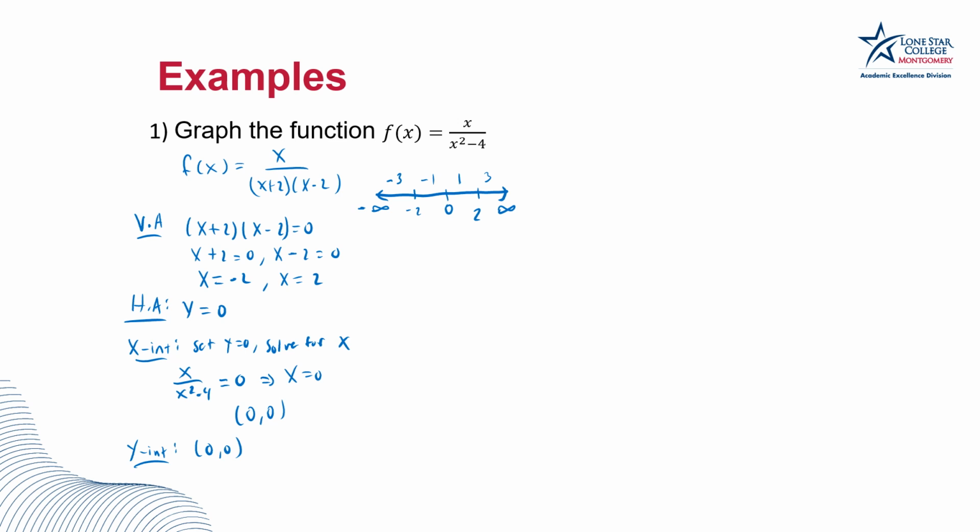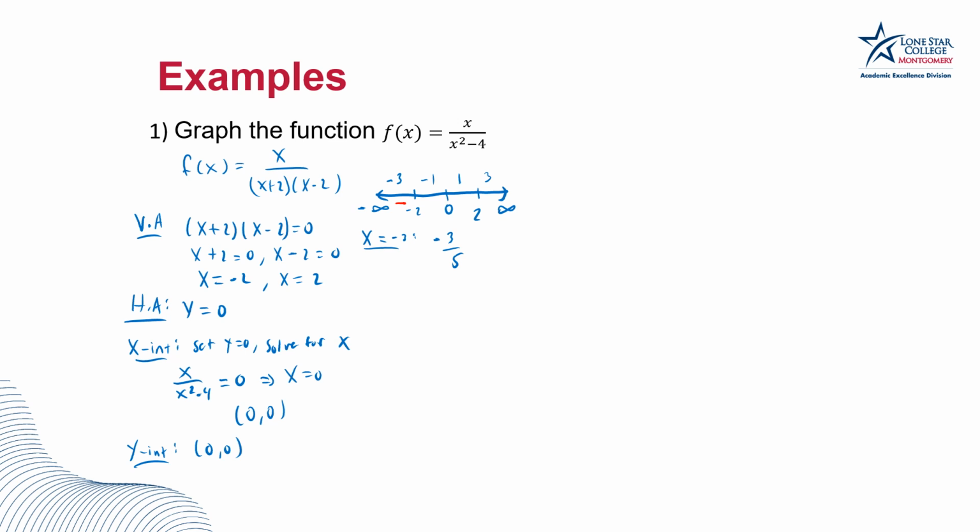When you plug in negative 3, you get negative 3 over negative 3 squared minus 4, which is negative 3 divided by 9 minus 4. That's negative 3/5. So the first interval is going to be negative.